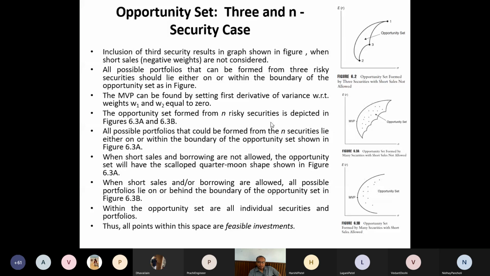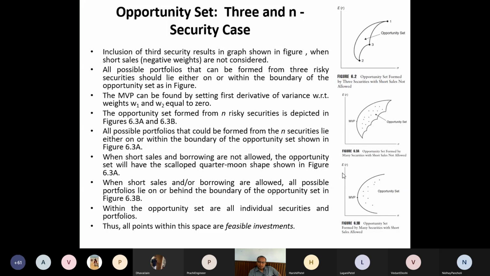We allow all possible proportions, and we have arrived at this particular graph, and we have this curve, which is the boundary, and inside that we have an opportunity set. So all the points on the boundary of this curve, as well as inside this curvature, we have seen is a hyperbola in the sigma ER space, or it is a parabola if we plot sigma square versus ER, means if we plot the variance and the mean, then it will be a parabola.